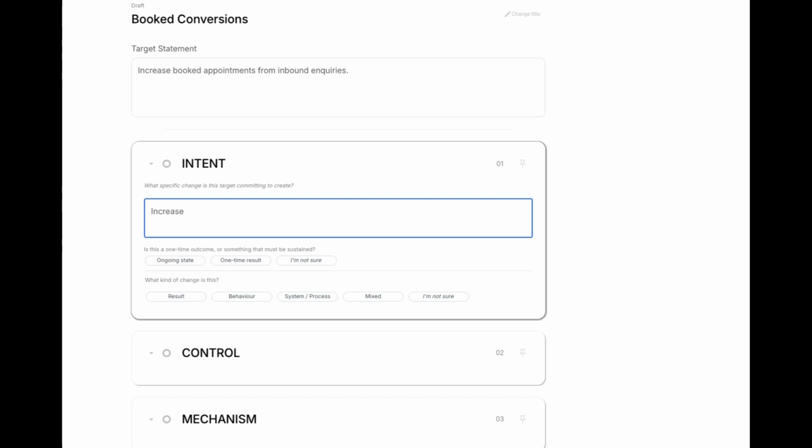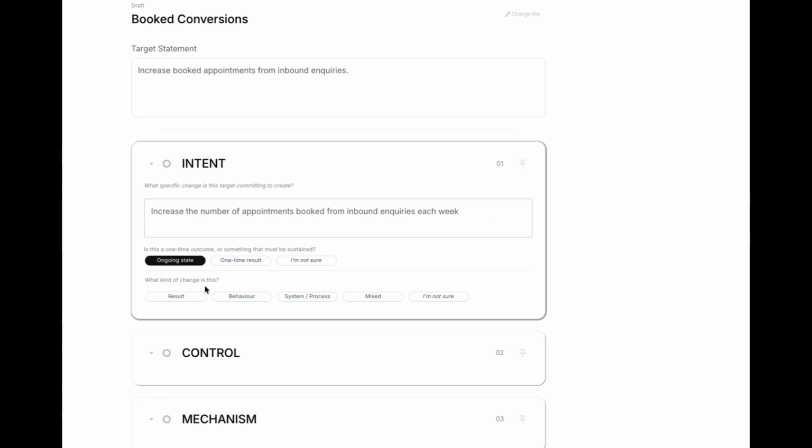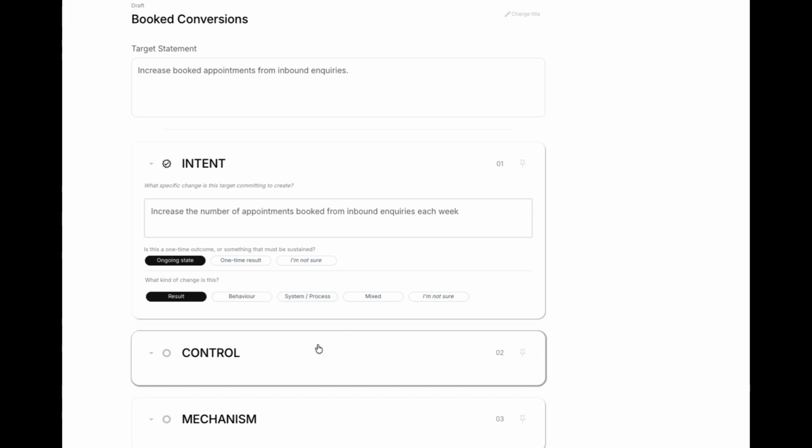Well, in this case, it's committing to create an increase in the number of appointments booked from inbound inquiries each week. Now, the each week indicates that this is going to be an ongoing state. It's not a one-time event. And the kind of change, looking at the increase in the number of appointments here, is a result.